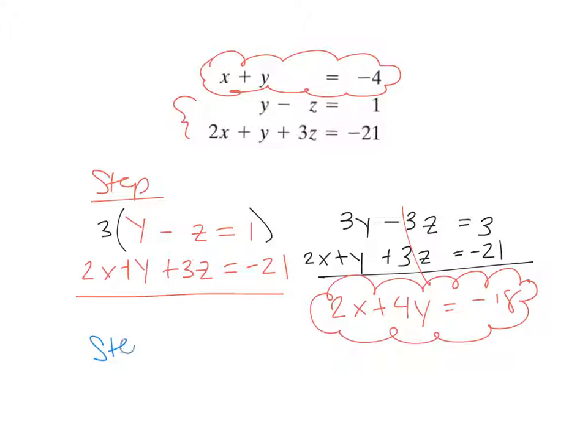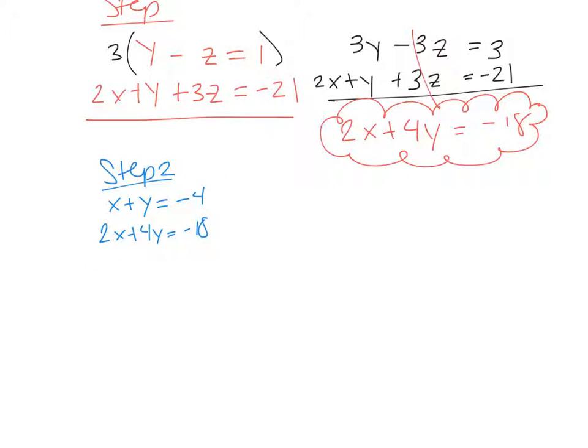And that's what I'm going to put in step 2. I'm going to put the original and the one I just made, 2x plus 4y equals -18. Okay, I'm going to pick a letter to cancel. I'm going to choose to cancel x in this case. I'm going to do that by multiplying the top by -2.